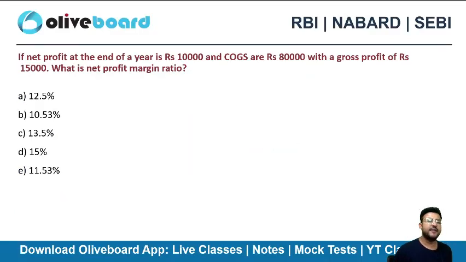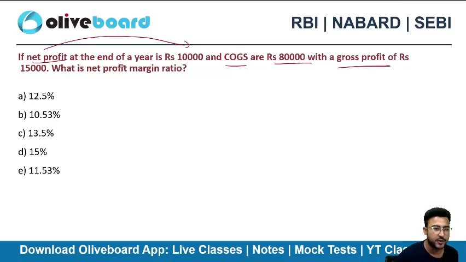Now here we are having net profit of 10,000 rupees. They have given me the net profit of 10,000 rupees, the cost of goods sold 80,000 rupees, gross profit of 15,000 rupees, and I need to calculate the net profit margin ratio. Now what is net profit margin ratio?